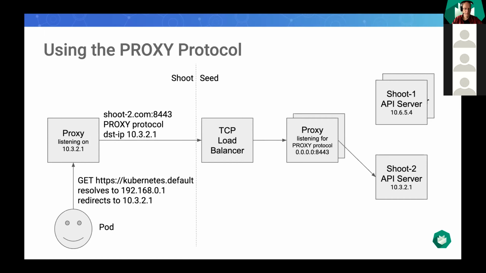It's going to send it to the seed load balancer, which would simply send it as a TCP stream to the proxy, which would listen for this protocol. And then finally, it's going to see that, okay, the client is requesting 10.0.3.1, and this would in fact point to this cluster here.